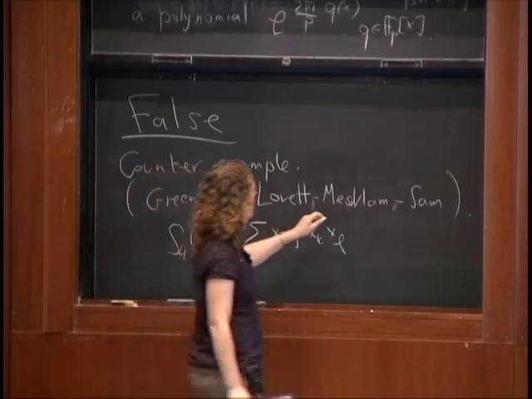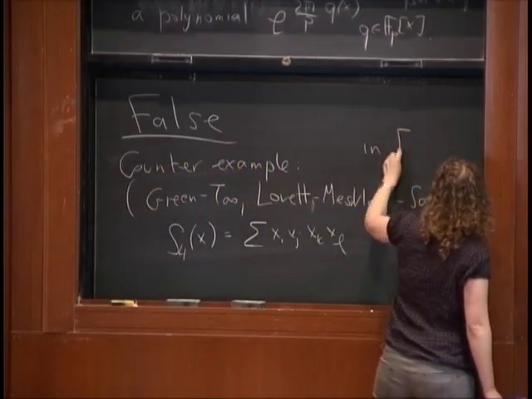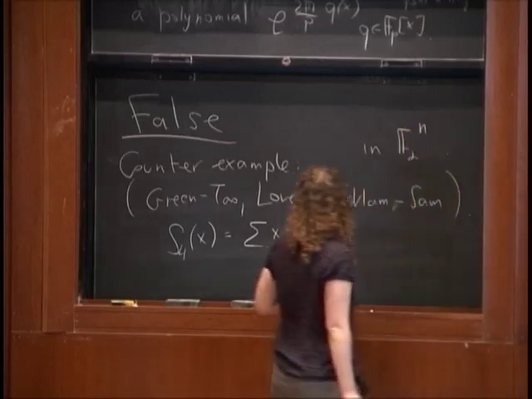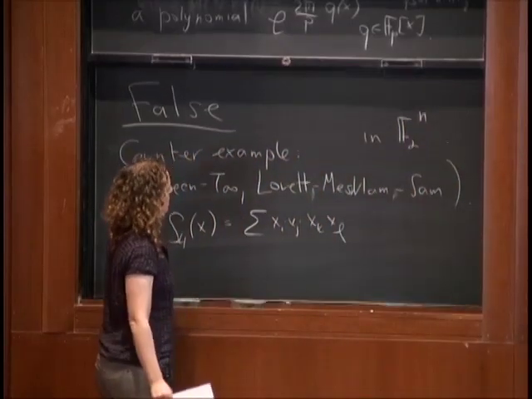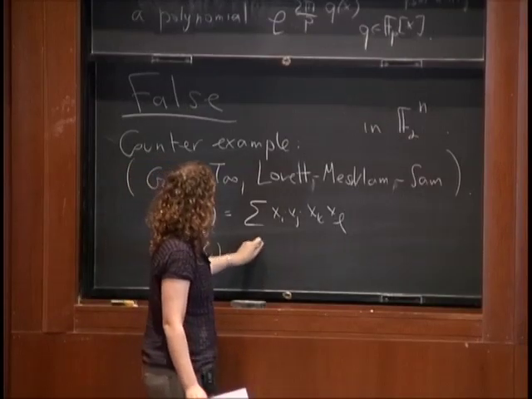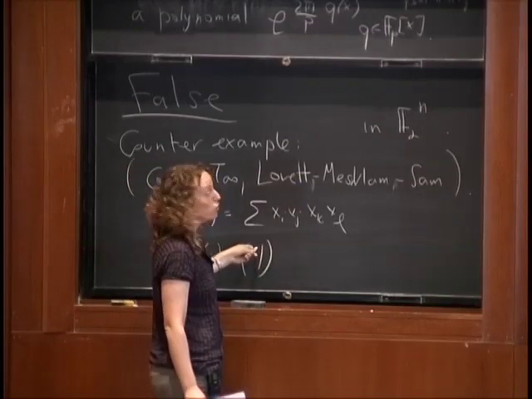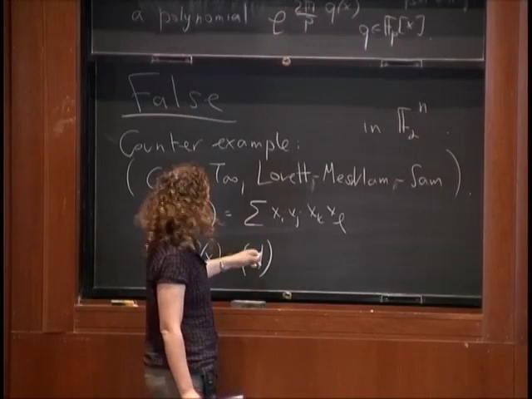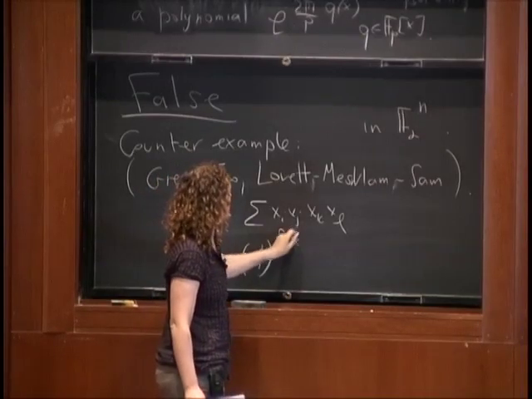So the counterexample in F2: you look at the function f(x) = (-1)^(S4(x)), that is, e^(2 pi i over 2 S4(x)).